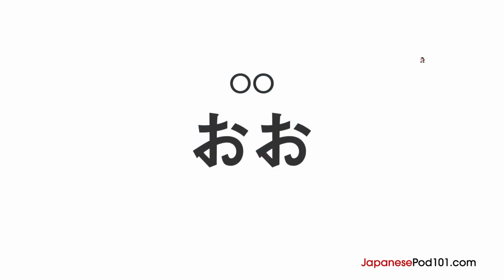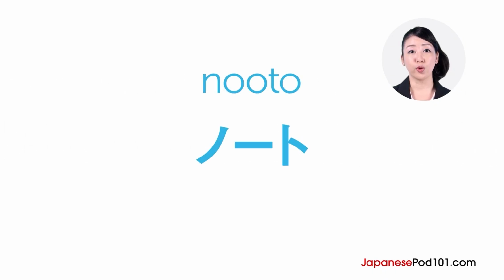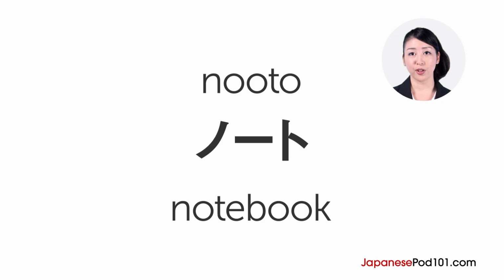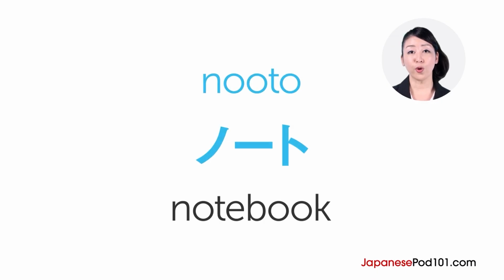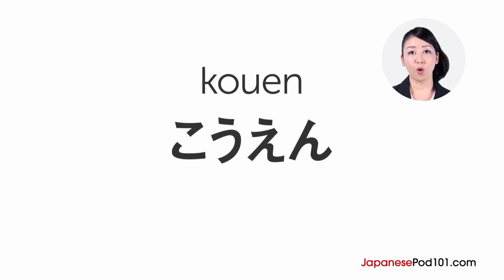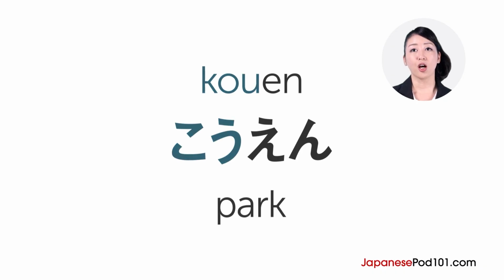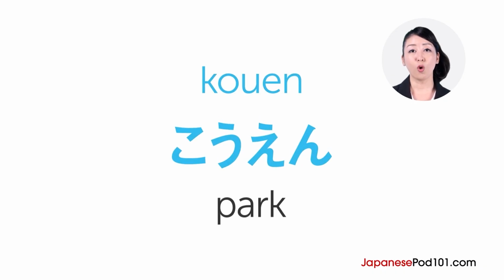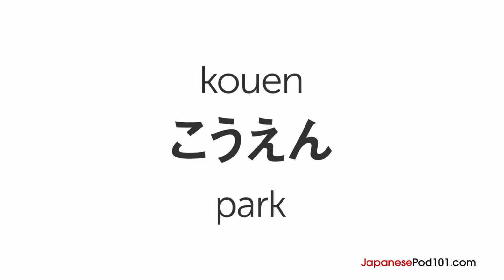The next one is o. For example, there's a long vowel in the word note, notebook. 公園, park. The first two syllables, ko u, are not pronounced as ko u, but as ko with a long vowel, o.